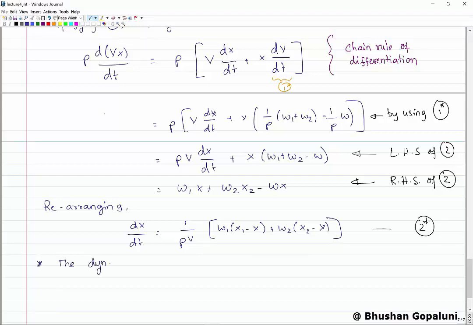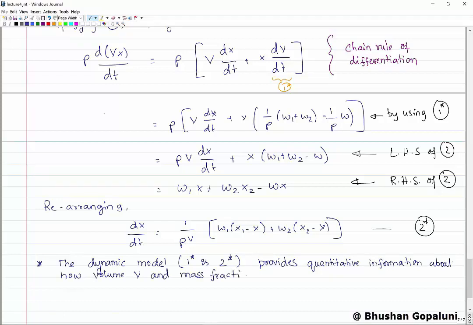The derivative of volume is given by equation 1 star. These two equations, 1 star and 2 star, provide the simplified dynamic model for the blending process.